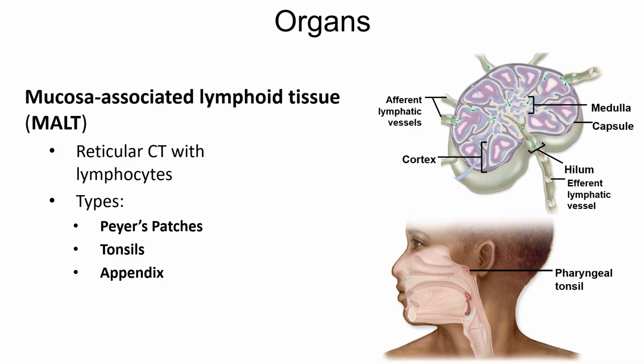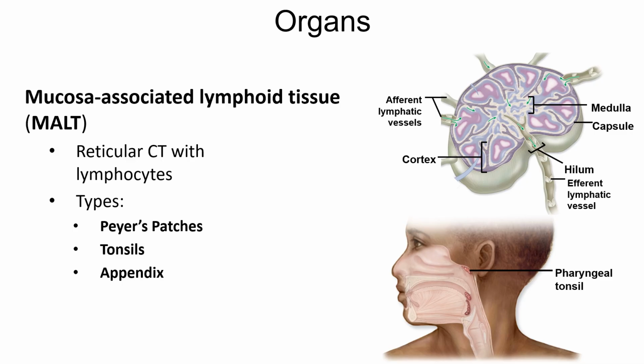MALT stands for mucosa-associated lymphoid tissue, and it plays a key role in defending your body from infections, especially those that enter through these mucosal surfaces, okay, which are basically the body's entry points to inside the body from the outside world, okay?